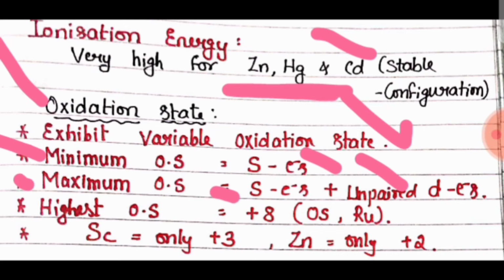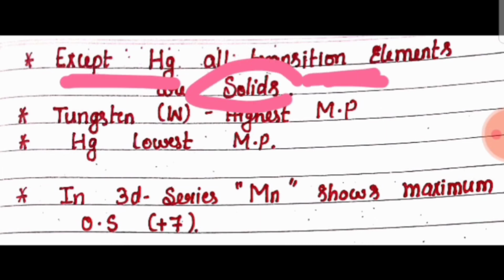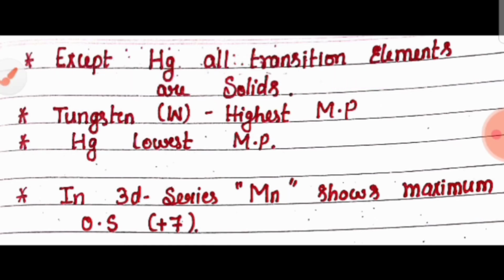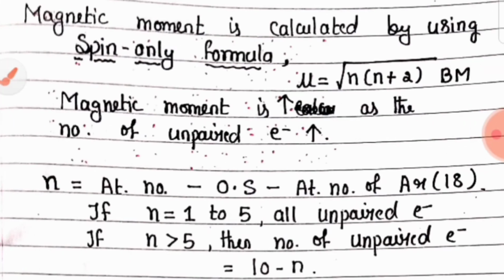The highest oxidation state we can find is +8 in Os and Ru, and scandium shows only +3 and zinc shows only +2 oxidation state. Except mercury, all the transition elements are solid in state. Tungsten has the highest melting point and mercury has the lowest melting point. And in 3d series, manganese shows the highest oxidation state, up to +7.